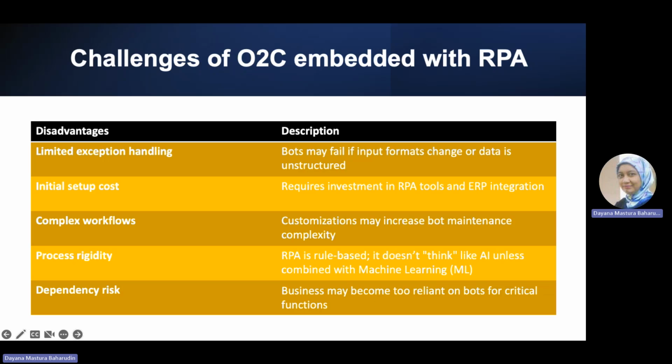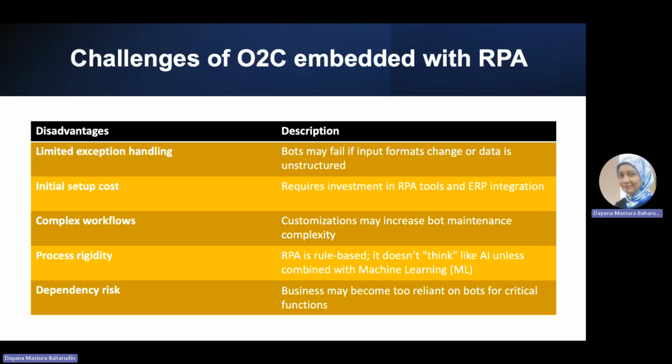And we have here challenges of O2C embedded. Okay, we will have challenges. A disadvantage will be limited exception handling, because I would say you would have audits done by the people who used to key in the data manually.